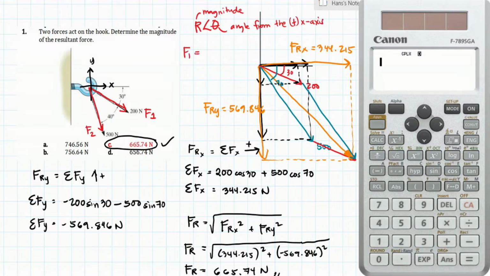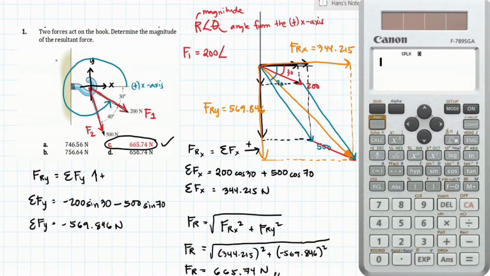Halimbawa, yung F1. Pag sinulat natin yan, yung R niyan is yung magnitude niya, 200, and then angle. Anong angle na itong F1 from the positive x-axis? Di ba ito yung positive x-axis natin. It's up to you if you consider yung positive angle. Di ba sa triangle, ito yung positive angle.